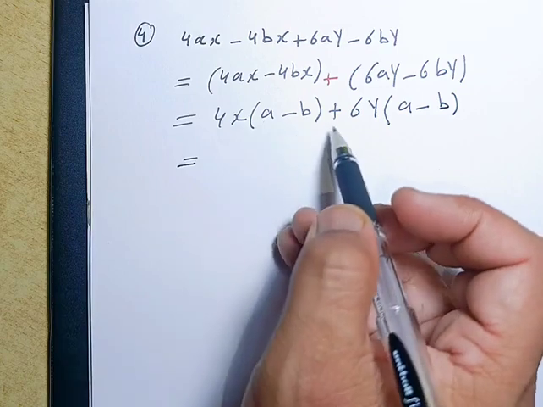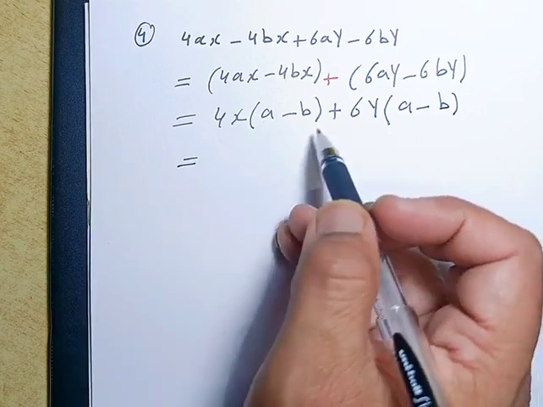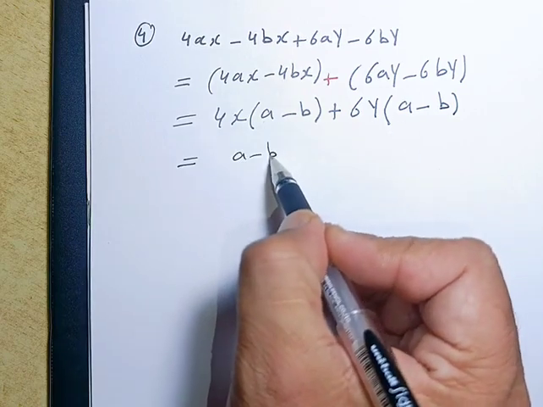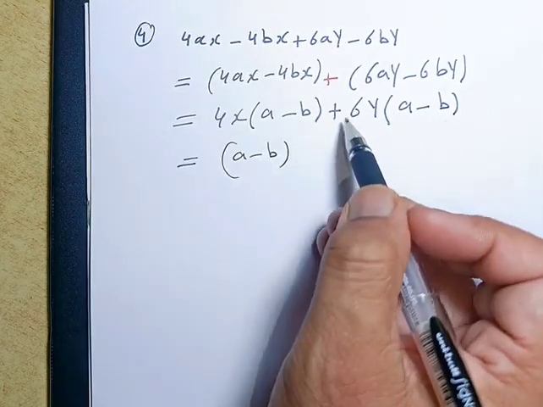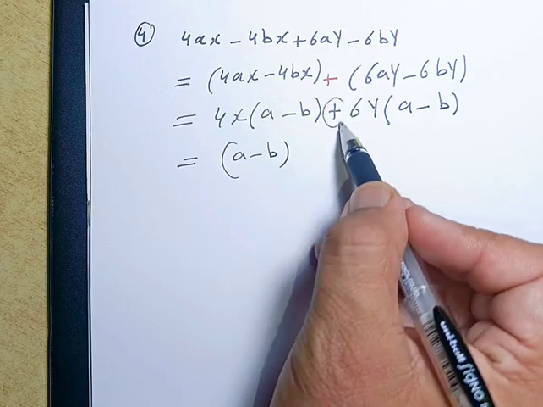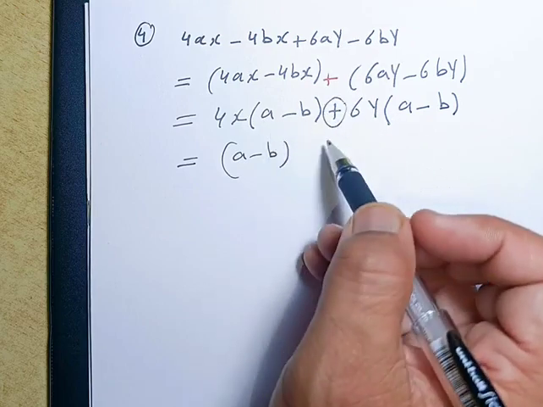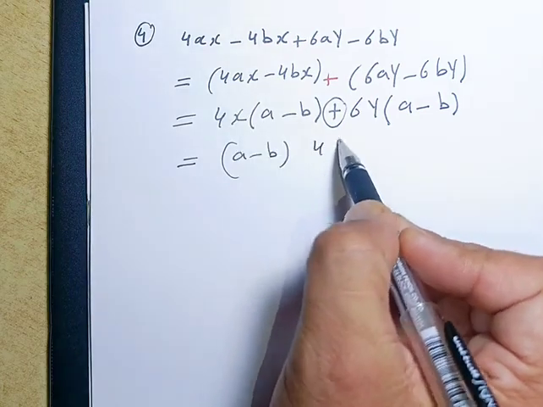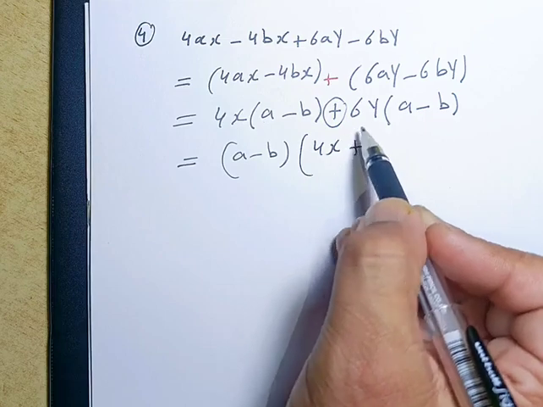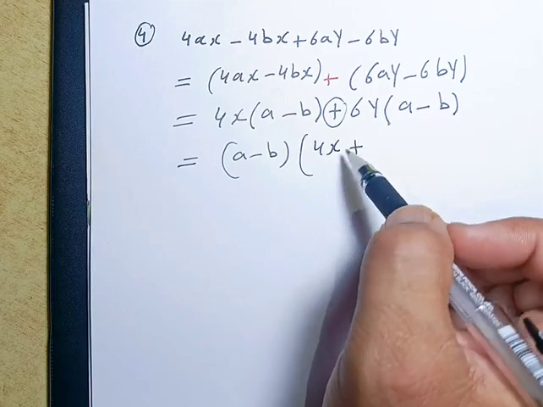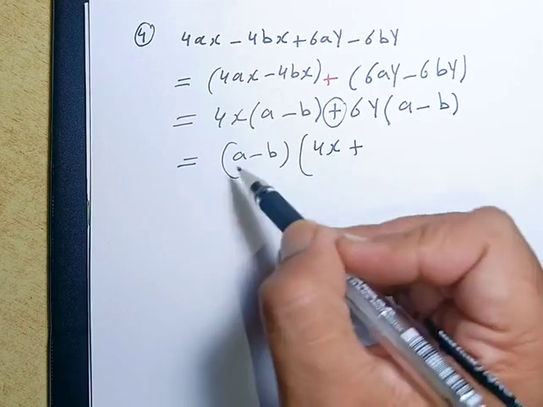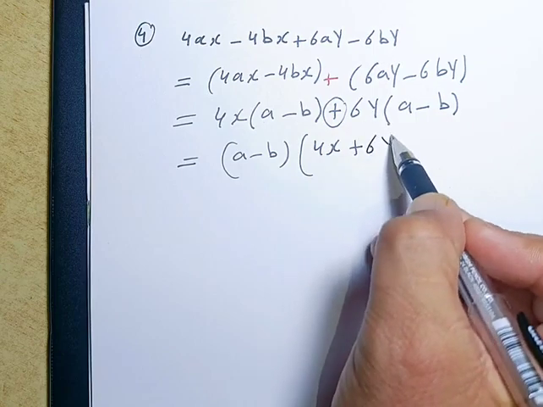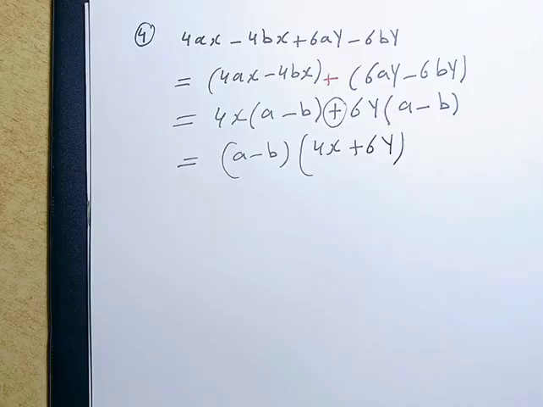Now we need to take out the common bracket, which is (a - b). This is my common bracket because in the middle is a positive sign, so we have two expressions. Now, what is left there? 4x plus 6y, because (a - b) is out, only 6y is left. So this is my final answer.